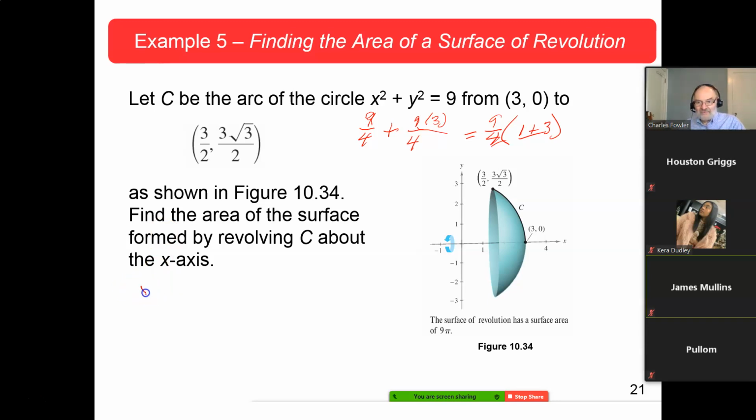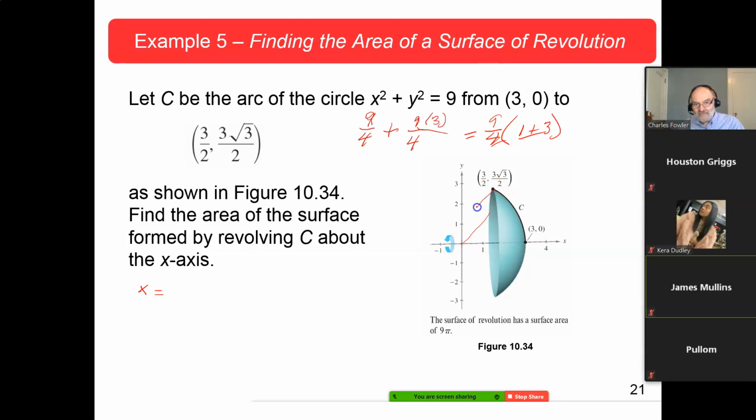Your x as a function of t is going to need to be, actually, rather than t, I would say let the parameter be theta. And you're going basically from 0 to, if you think of this, this angle here.